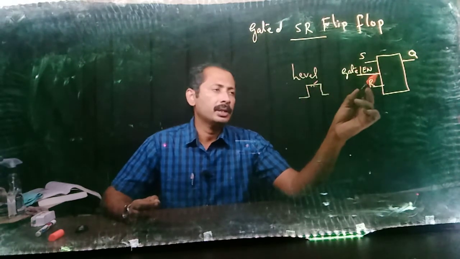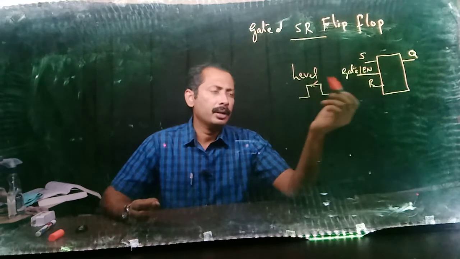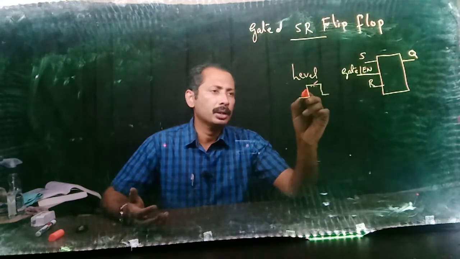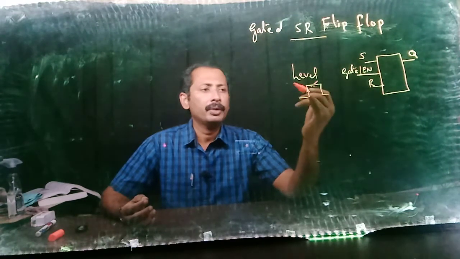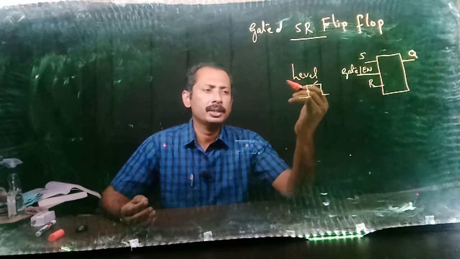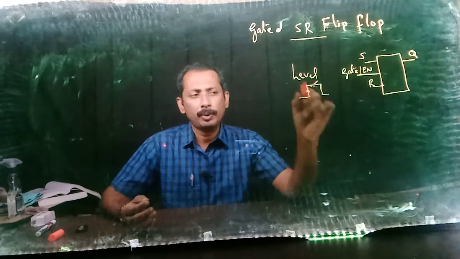And I can make some extra components to make this circuit work in this portion, and we call it edge triggered, and this is a positive edge. So this is positive edge triggered.